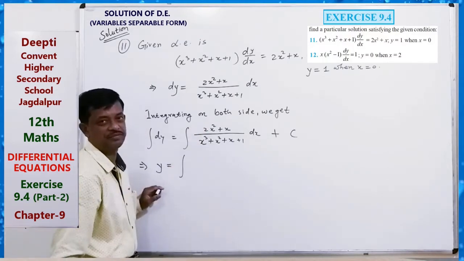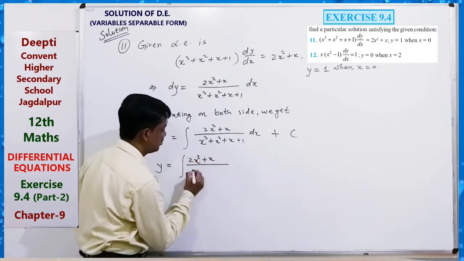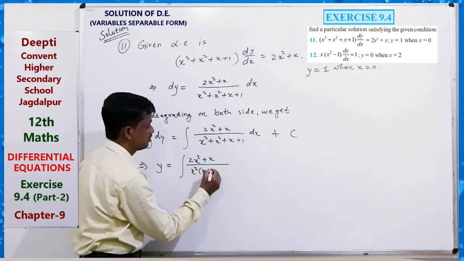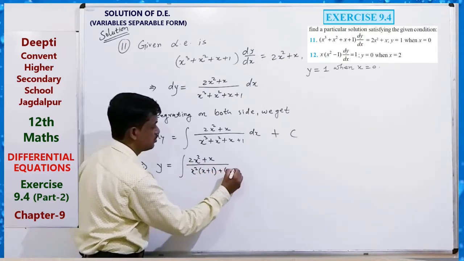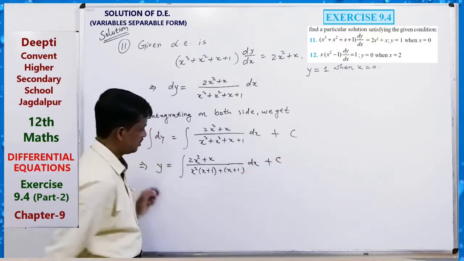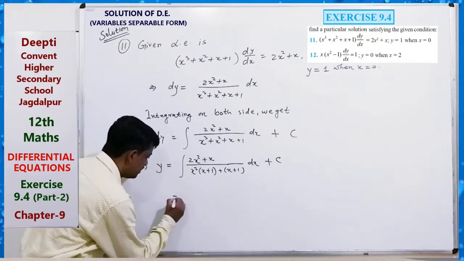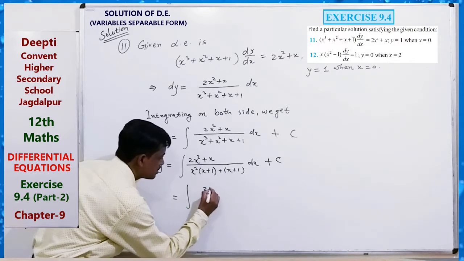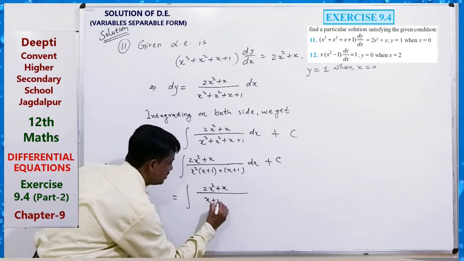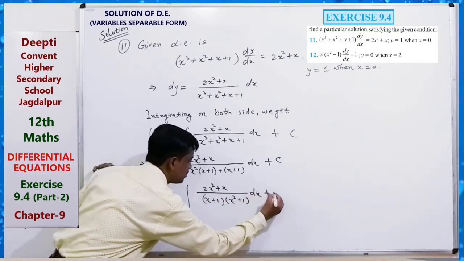In the denominator, x square can be taken common from the first two terms, giving (x plus 1)(x square plus 1). So we can partially fractionate (2x square plus x) upon (x plus 1)(x square plus 1) dx plus c.